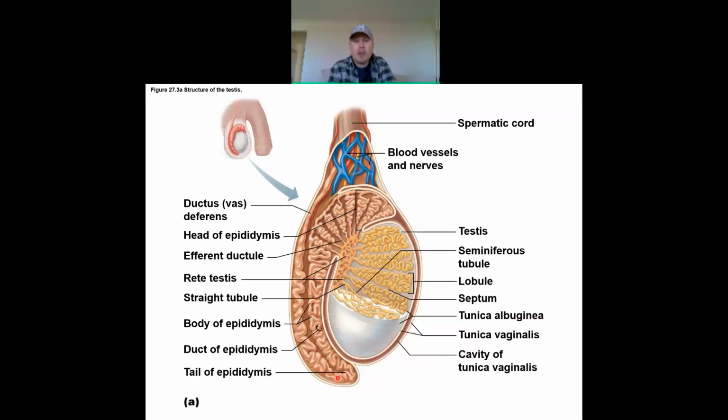But notice at the top of it, we have our epididymis, which was just a coiled tubule on the top of the testis. I think that this diagram overemphasizes the size of the epididymis a little bit. The testis looks a little small, but overall it does a good job of highlighting this point.